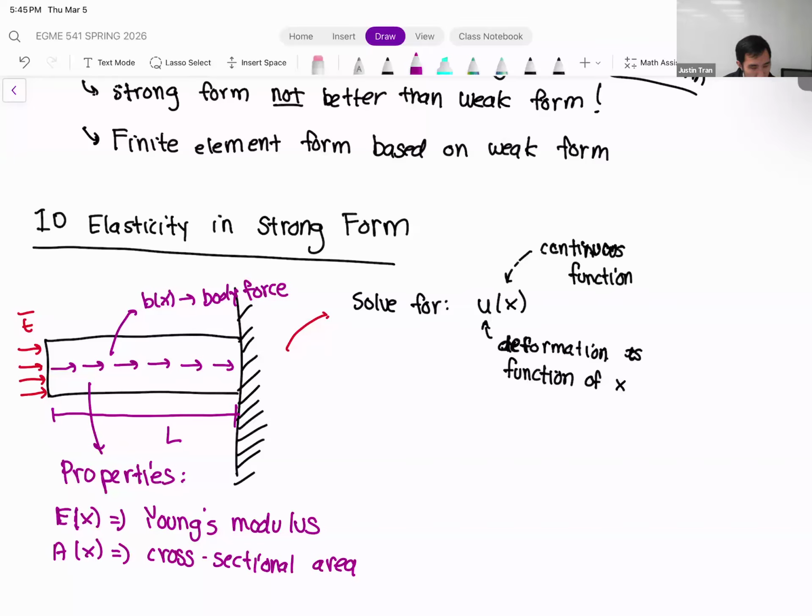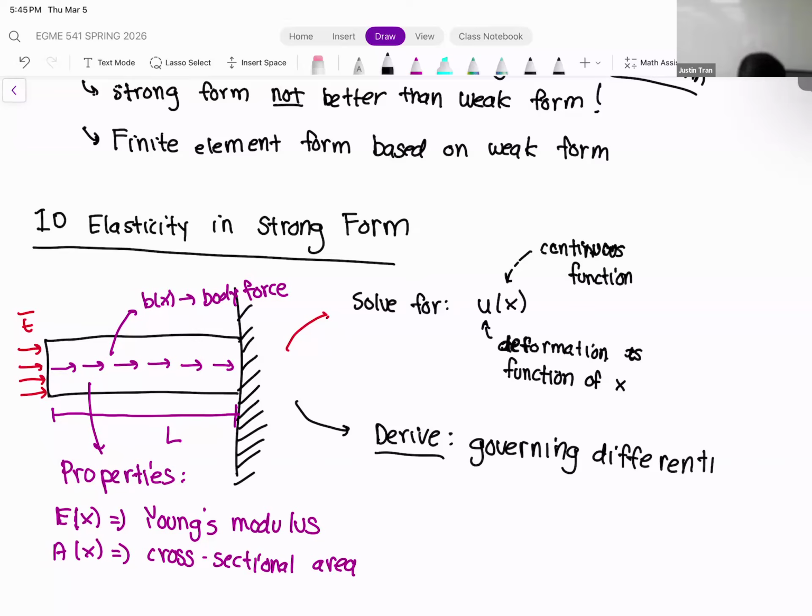So the first thing that we want to do is derive the governing differential equation for this particular situation. Because if we're looking at this as a boundary value problem, we already have 2 out of 3 of the ingredients.